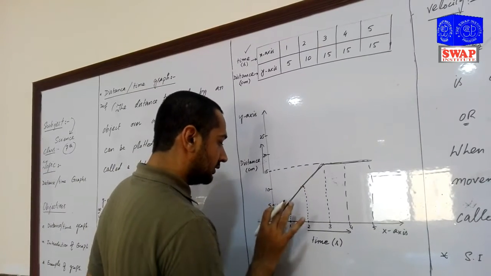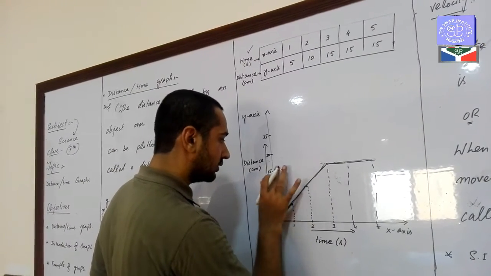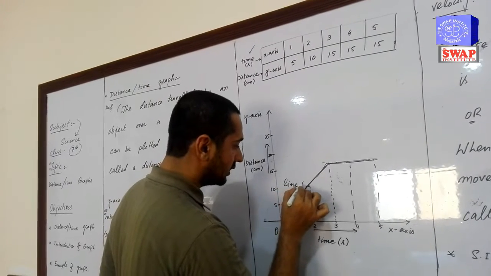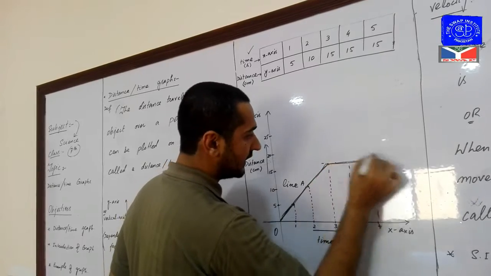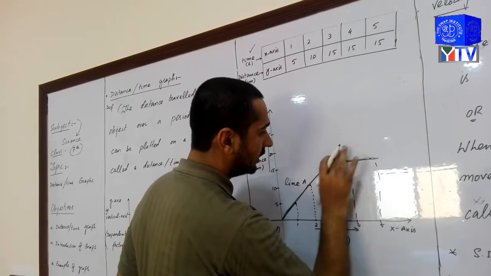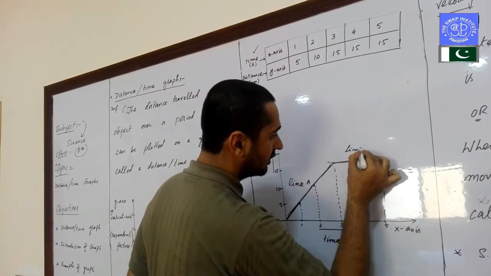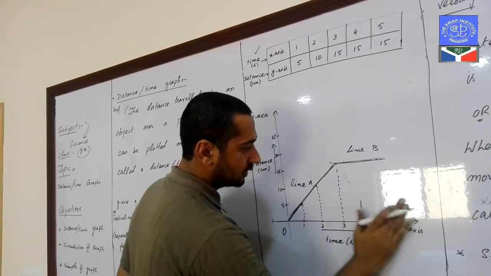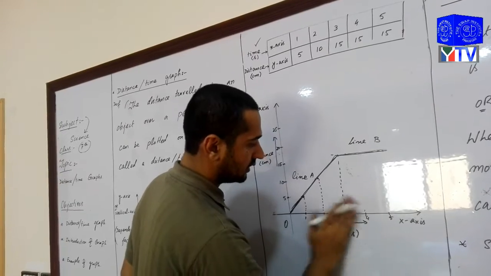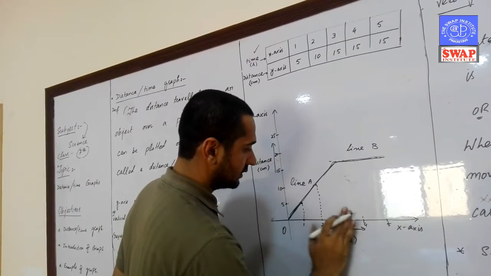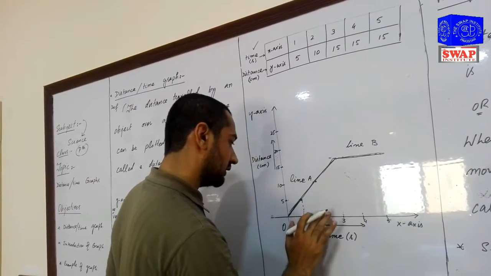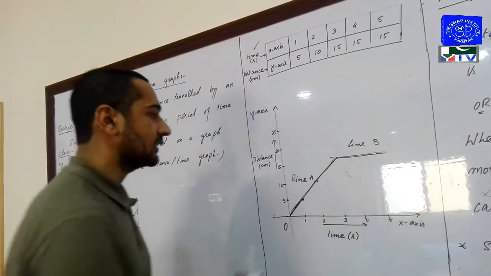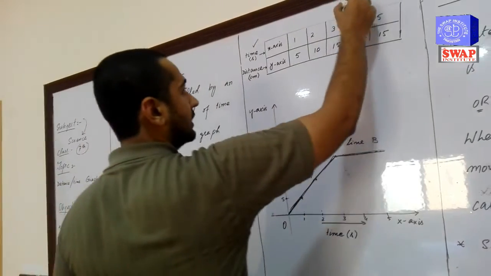The writer in this book writes this line segment as line A, and this line segment as line B. By removing all these points which I wrote for the sake of explaining to you, this one is the graph of this table.